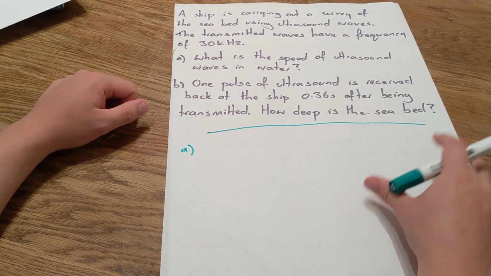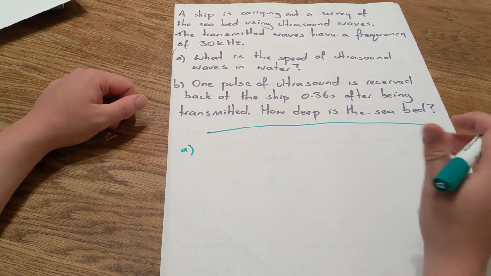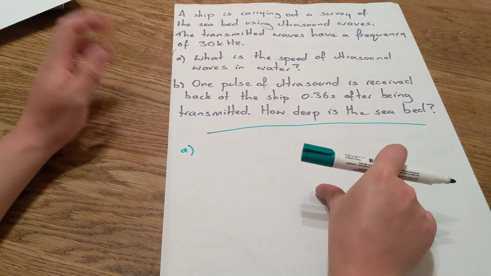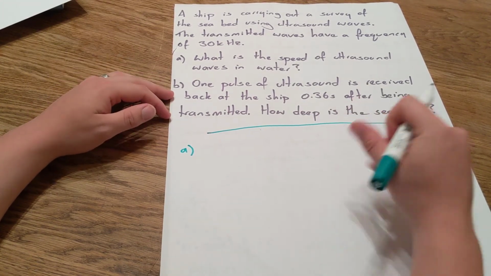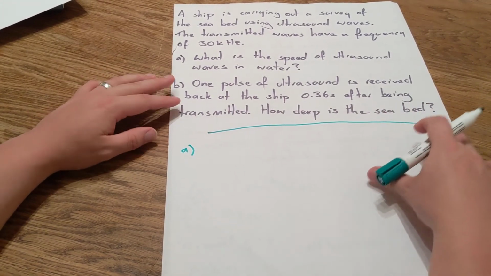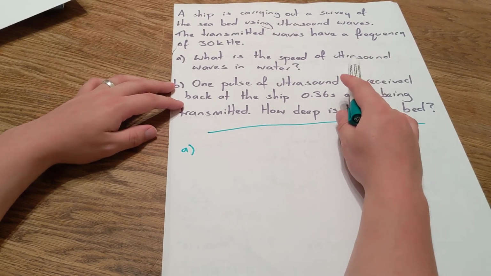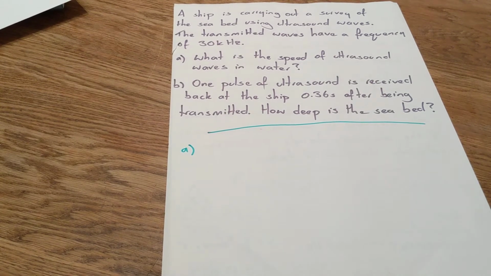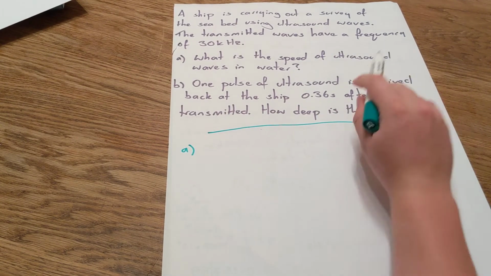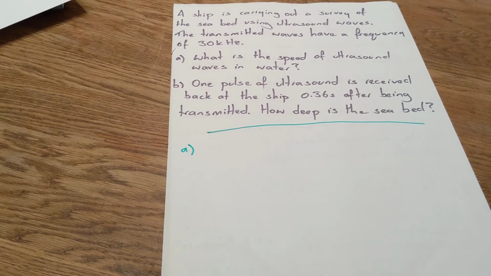So if you look on your data sheet, there is a table, normally at the top right, but that could change, that gives the speed of sound in different materials. And one of those will say the speed of sound in water. And we need to know that ultrasound is just sound.